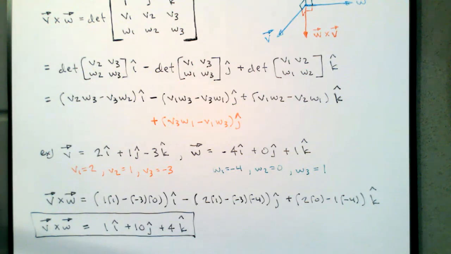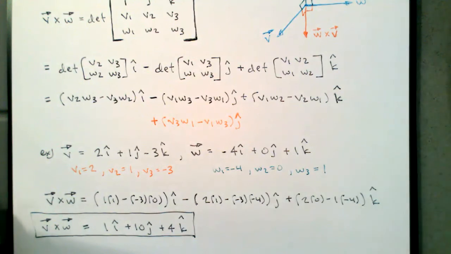Now, we like ways to check that things have worked out. So we know that this vector should be perpendicular to both V and W. So let's check that V cross W is perpendicular to both V and W, especially because this involved me doing a lot of arithmetic and I'm just not very good at arithmetic.